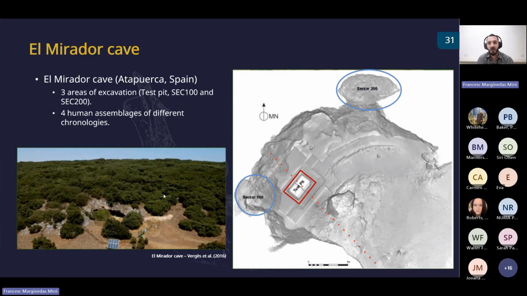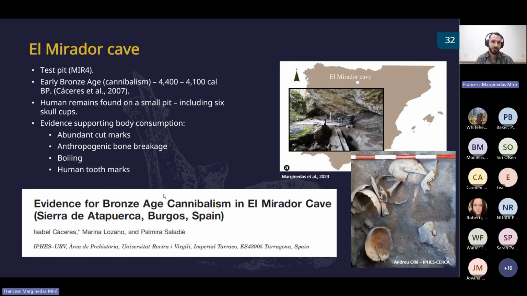From 2009 until today, the strategy of the excavation changed, and Sector 100 and Sector 200 have been excavated to try to connect the cave with the karstic system and potentially with other sites across the cave. So in these 3 areas, 4 human assemblages with different chronologies have been identified.